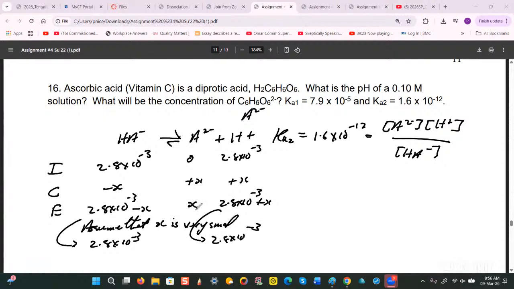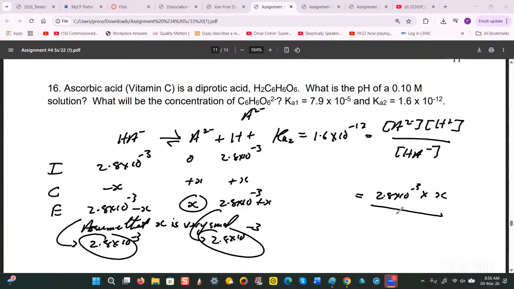We're still going to have X here, right? So we're going to put in these terms, the 2.8 times 10 to the minus 3 here and here, and the X value here. For the H plus, that would be 2.8 times 10 to the minus 3. For the A2 minus, that would be X. And for the HA minus, that would be 2.8 times 10 to the minus 3.